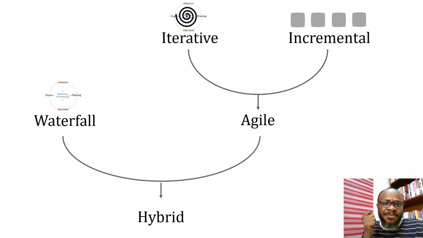So if you want to explain what the agile methodology is about, then you have to combine the explanation you give to each of these life cycles that produce the agile methodology. Now, the life cycles, we have the iterative life cycle, and then we have the incremental life cycle.